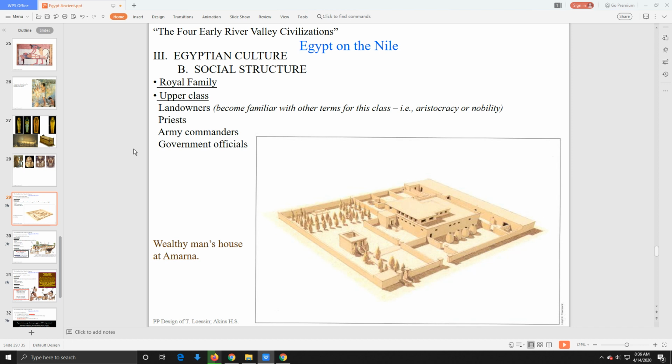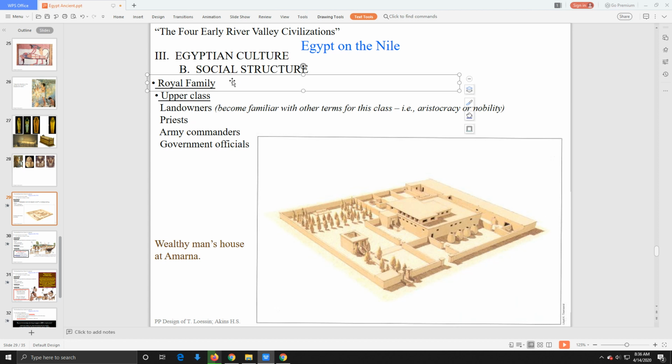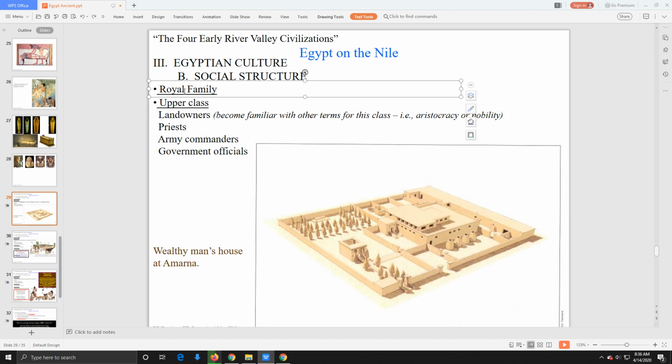On the very top of our pyramid is going to be the royal family. So go ahead and write down royal family. That's the pharaoh and the pharaoh's family. They're on the very top of the social pyramid. For one, write down royal family.